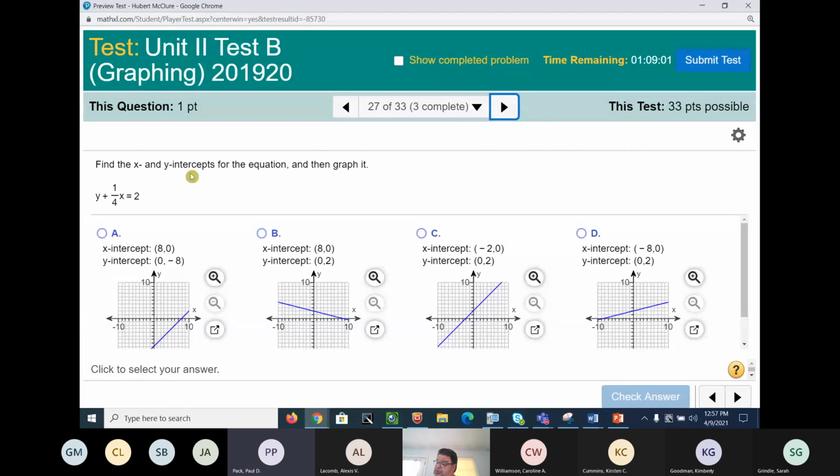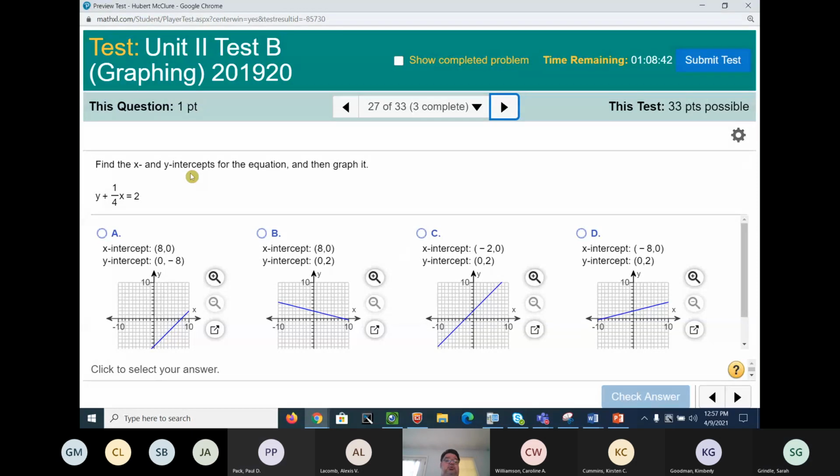Intercept method. Y equals negative 1/4 x plus 2. X-intercept, 0 is y. Y-intercept, 0 is x.